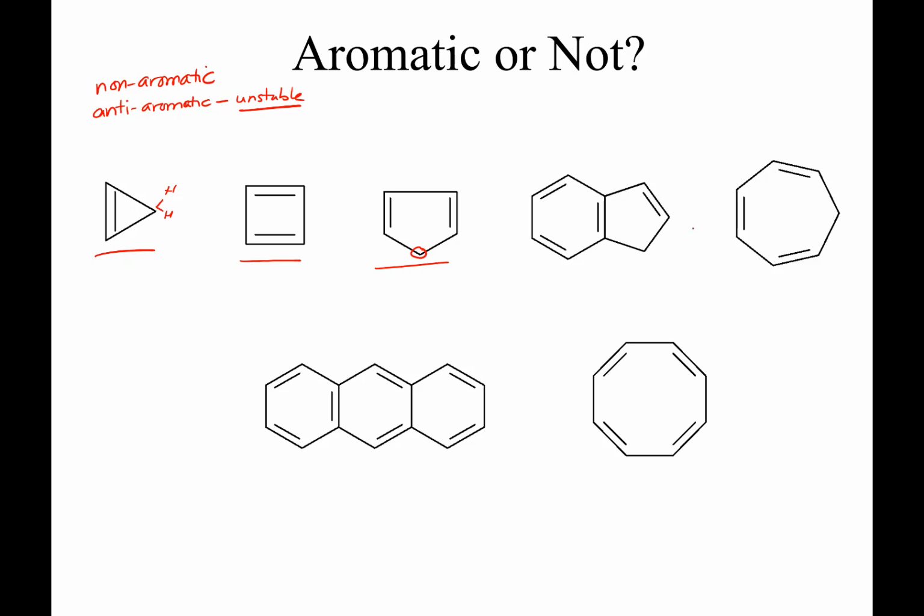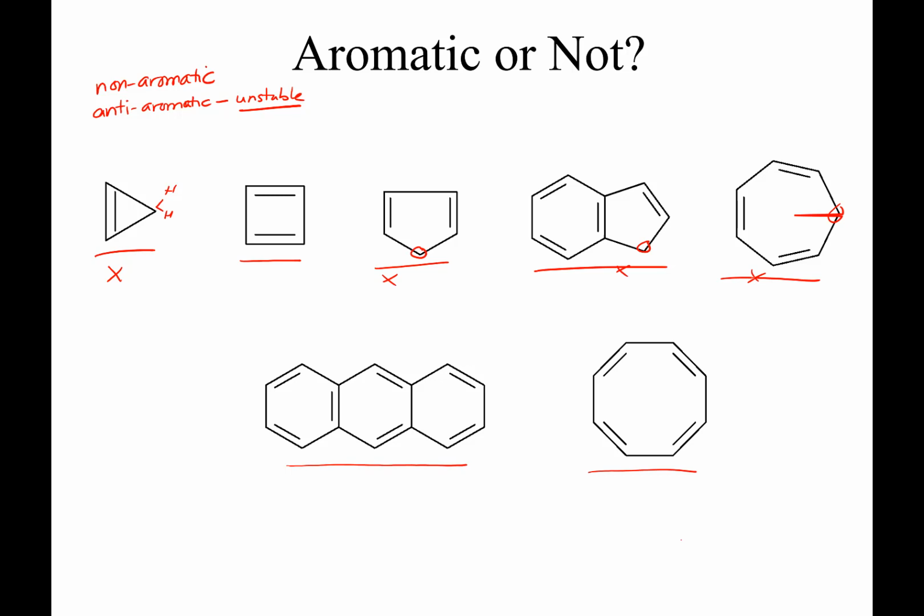This one? No, because that one's not. That one's not. Down here? Yes. And over here? Yes. So always the first criterion: are all the ring atoms sp2 hybridized? Where it's no, we can immediately say those are not aromatic. They are non-aromatic. They just don't have the superstability.